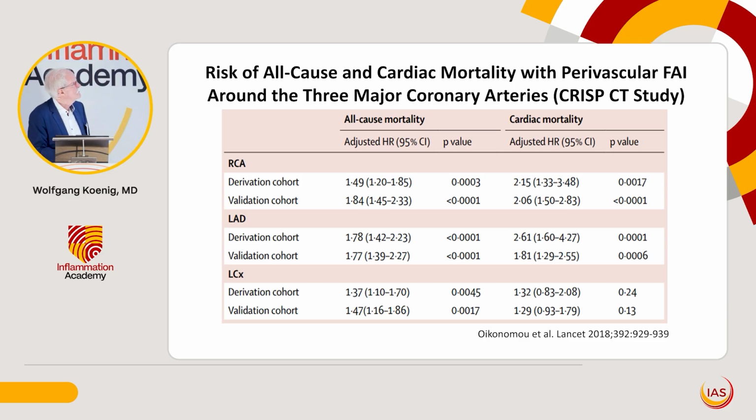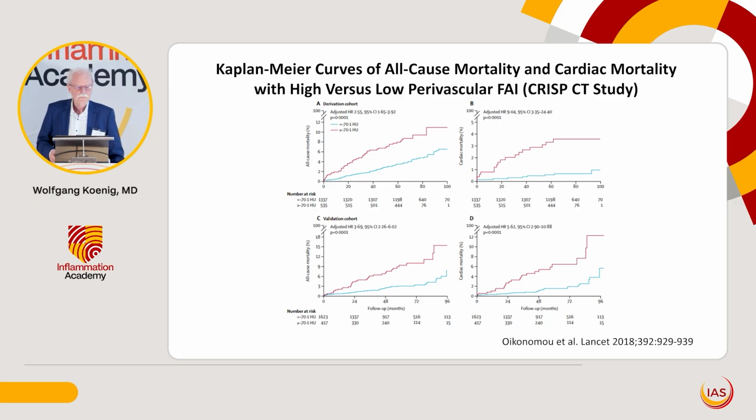And you have two endpoints, all-cause mortality and cardiac mortality. And you clearly can see that all-cause mortality and cardiac mortality are associated with increased perivascular fat attenuation index. This was only not so clear for the circumflex artery. Maybe in many cases it's a relatively small vessel, but that could not clarify it.